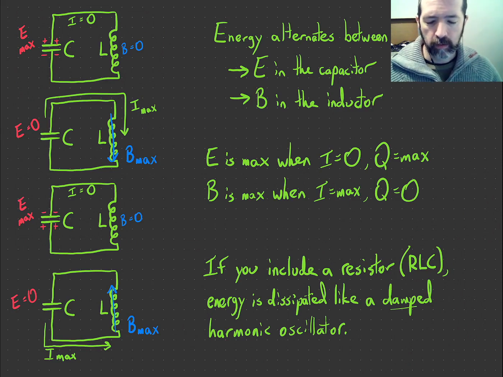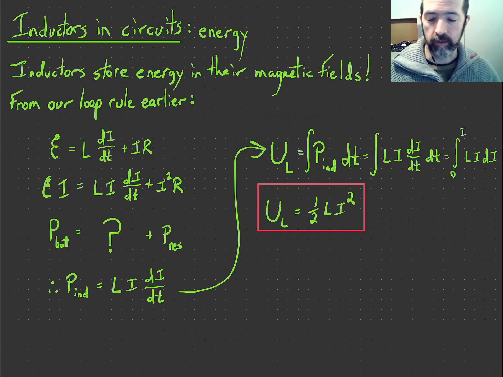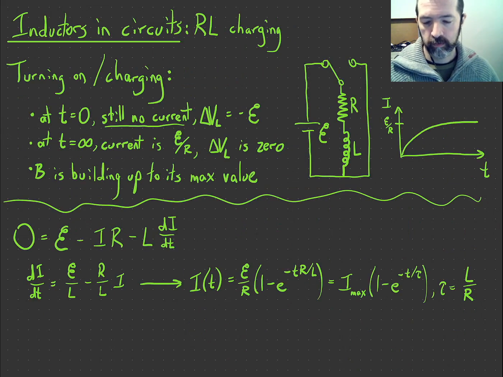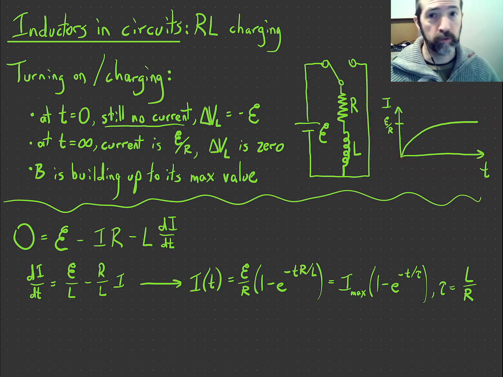So again, when it comes to LC circuits, the most important thing is that you just know it's an oscillating system. And when it comes to LR circuits, the most important thing is that you know the behavior is going to have these growth and decay patterns, similar to the way RC circuits work.